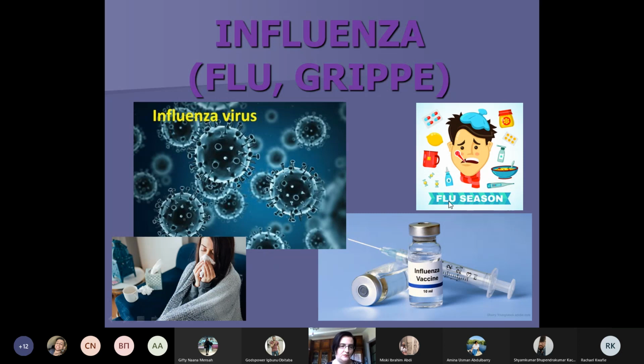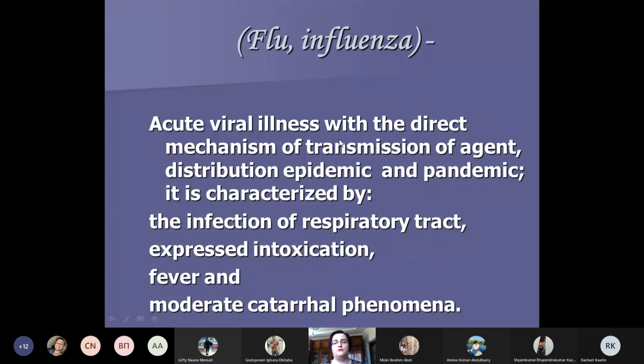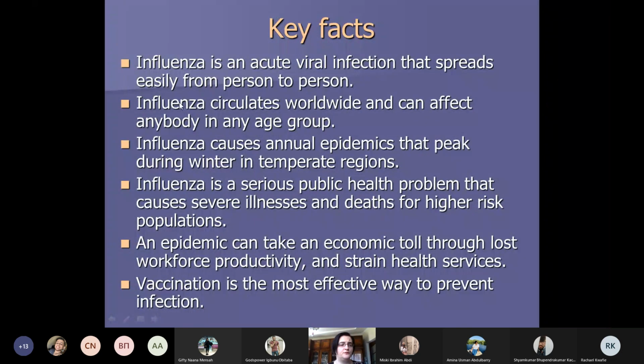One of the most dangerous and most frequent is influenza, synonyms flu, grippe. It's an acute viral illness with a direct mechanism of transmission of the agent, the drop mechanism. Distribution is epidemic and can be pandemic, and it is characterized by infection of the respiratory tract, expressed intoxication, fever, and moderate catarrhal phenomena.